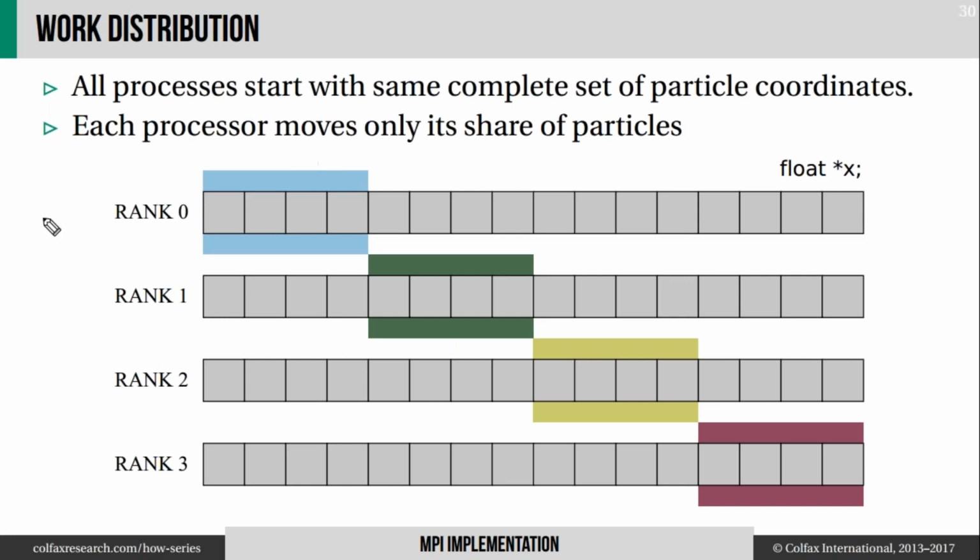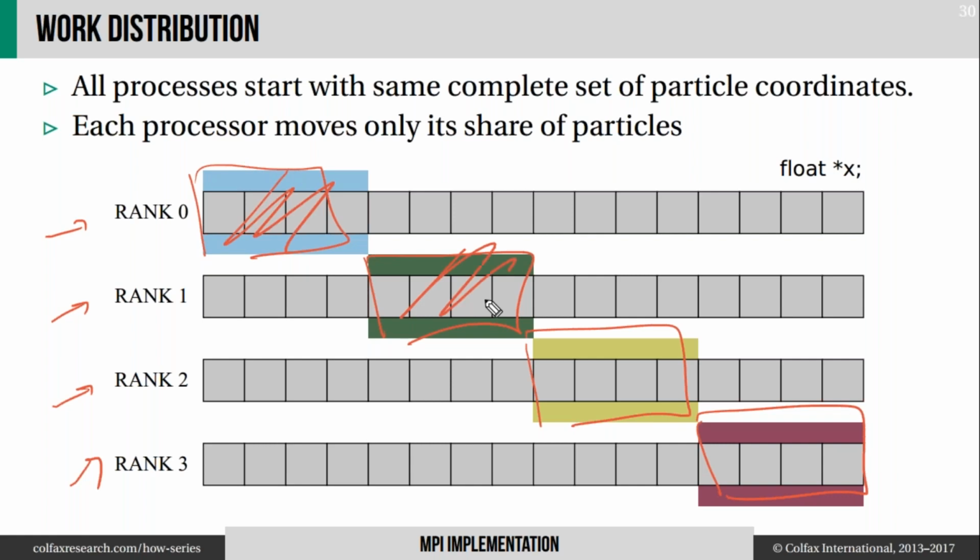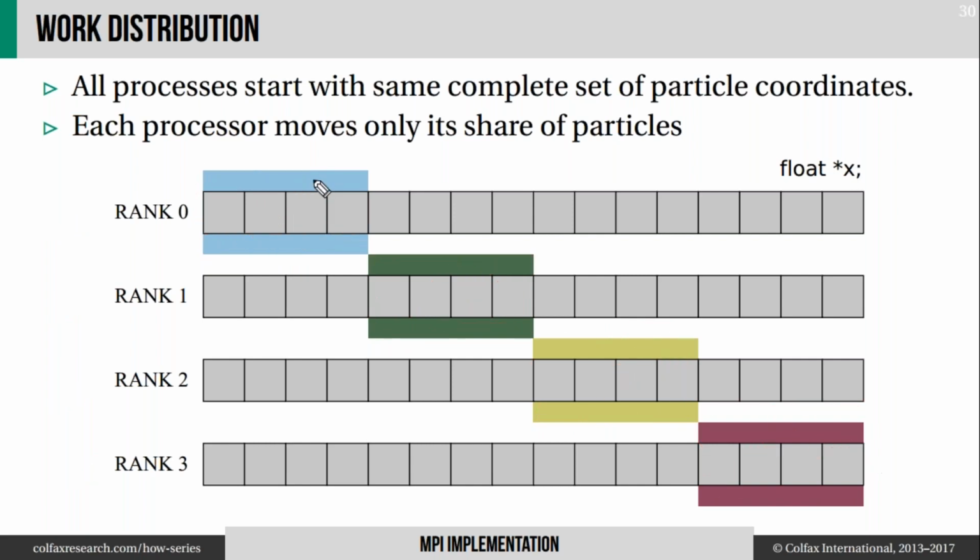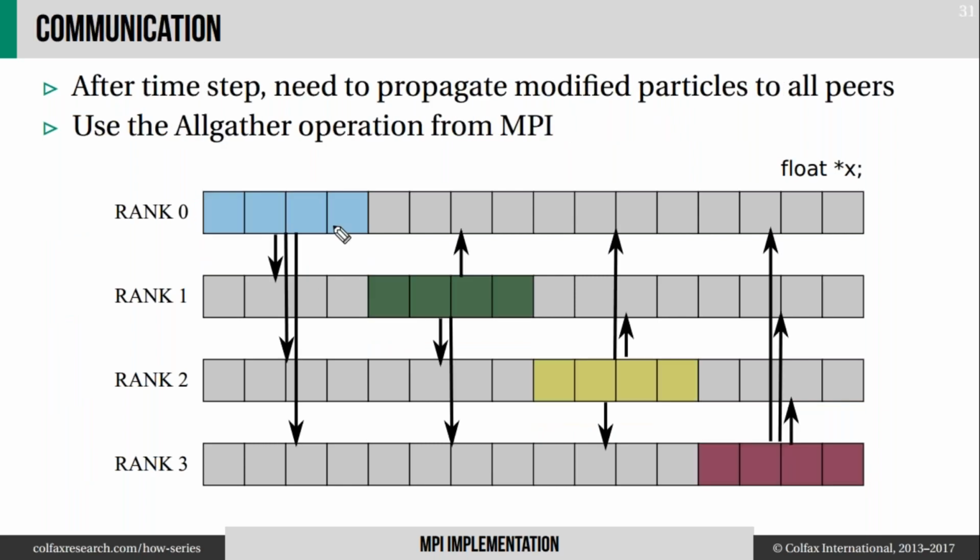So if every rank contains all particles, we can split the work done by different ranks and each rank will be responsible for moving only a quarter of the particles, so doing a quarter of the work. The trick is that after this calculation is done, we will have to propagate the results of rank 0 to all other ranks. We will have to propagate the results of rank 1 to all other ranks, rank 2 to all other ranks, and so on.